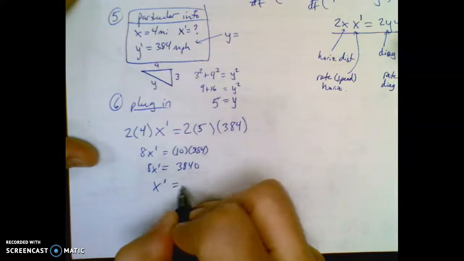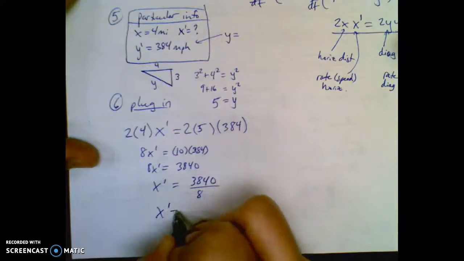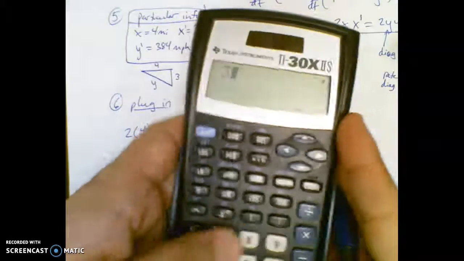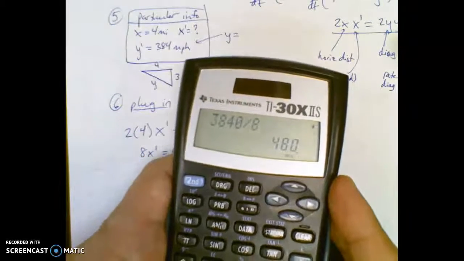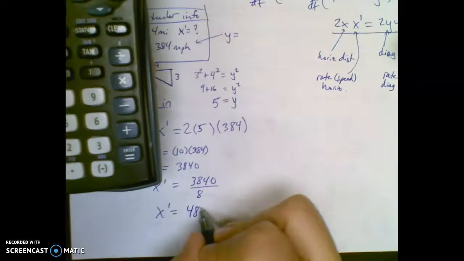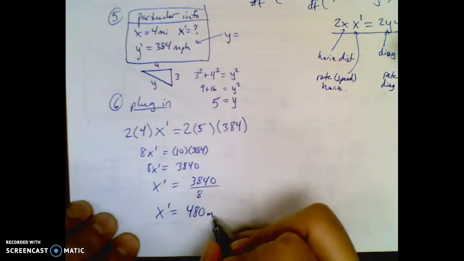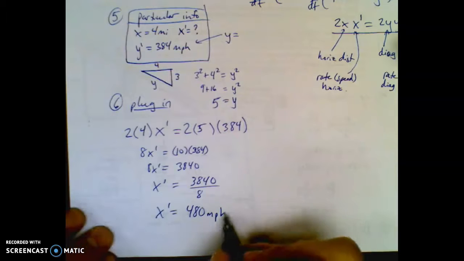X prime equals whatever 3840 divided by 8 is. And this will be the rate at which x is changing. So 3840 divided by 8, boom, 480. And that would be miles per hour. Okay, so this is our rate.